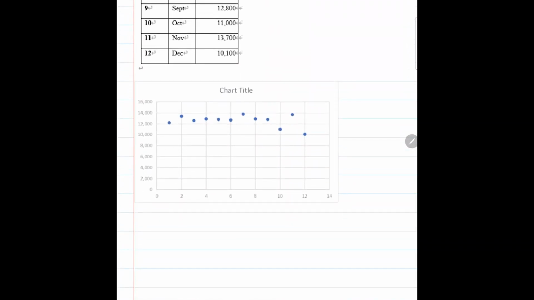This is showing that it's kind of constant. It's pretty constant, so we're gonna use the constant exponential smoothing.